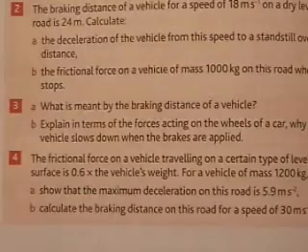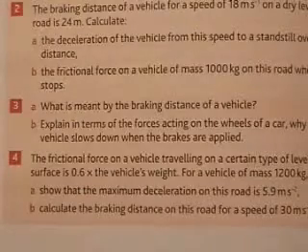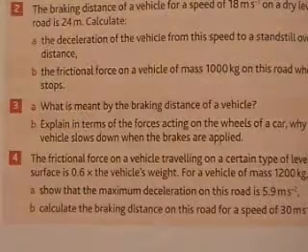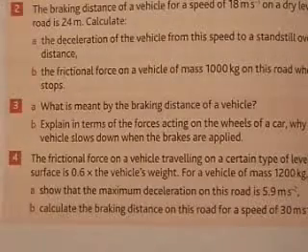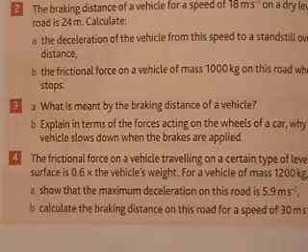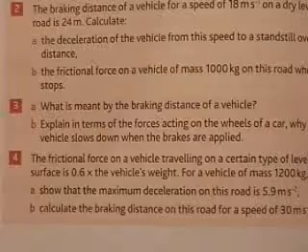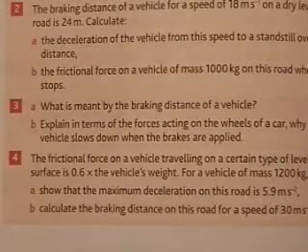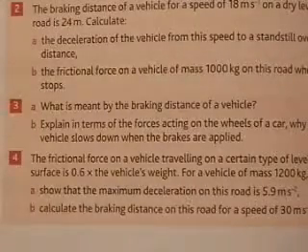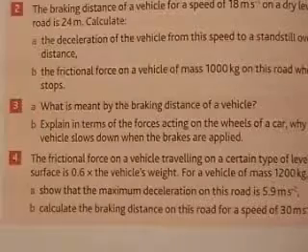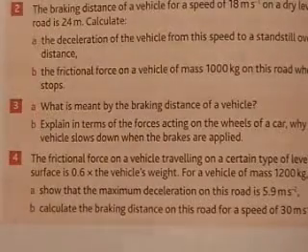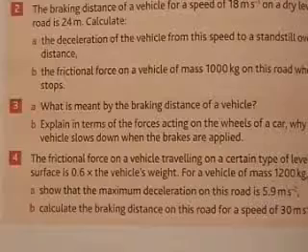So if we know the maximum frictional force on the vehicle, and we know the mass of the vehicle, then we can find the acceleration. By knowing the force and the mass, we can find the acceleration. And hopefully the value you get will be the value that you're supposed to be showing.